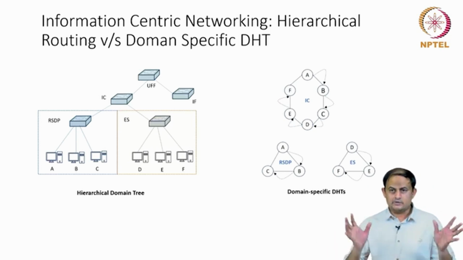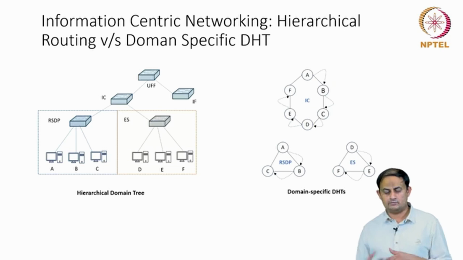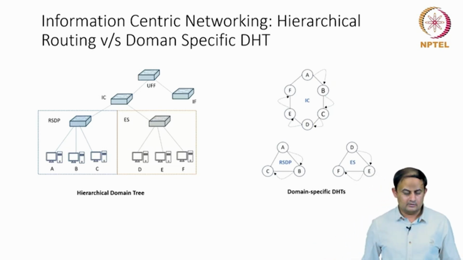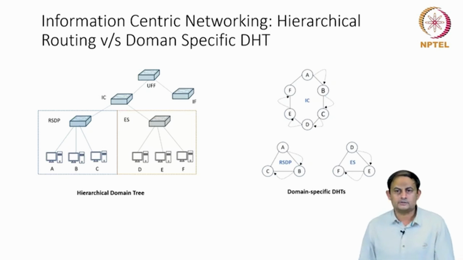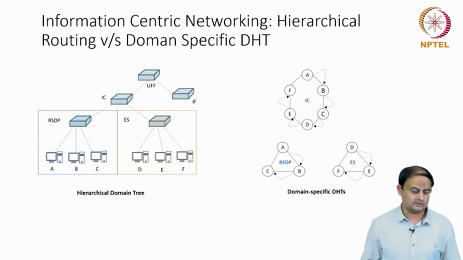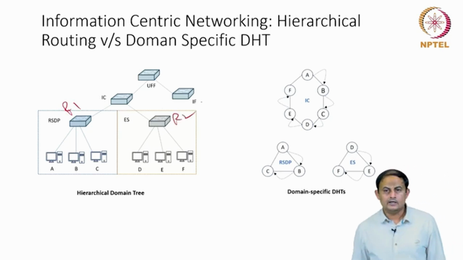So let's do a comparative study of the hierarchical routing mechanism and the other routing techniques that we can bring in. On the left hand side, what you see on this slide is a set of computers or users, named A, B, C, D, E, F, and they are divided into two different bunches. So ABC is connected to one router. Let's call this router R1 and this router R2.